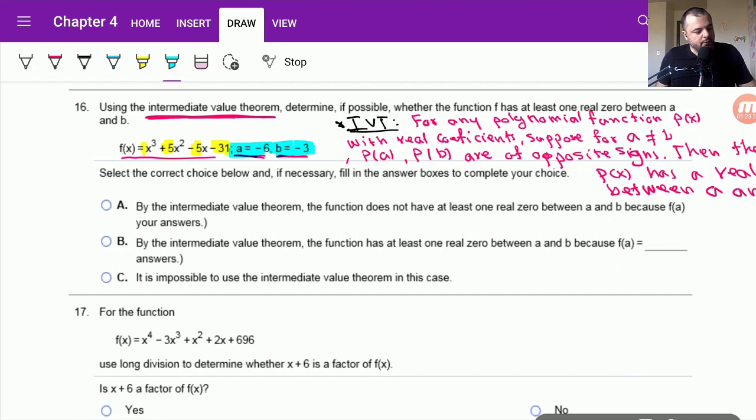Then we have to find p of a and p of b. So let's find p of a. In this case, we have f of x, not p of x. So we need to find f of a, which is f of -6.